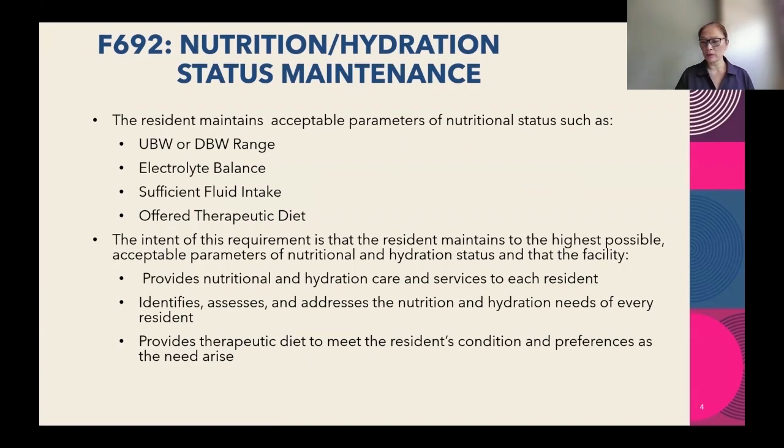So we'll start with the definitions. Most of you, if not all, are familiar with the F692 tag, nutrition and hydration, status maintenance. In this tag, what we have to prove is that the resident maintains acceptable parameters of nutritional status, such as the usual body weight or desirable body weight range.